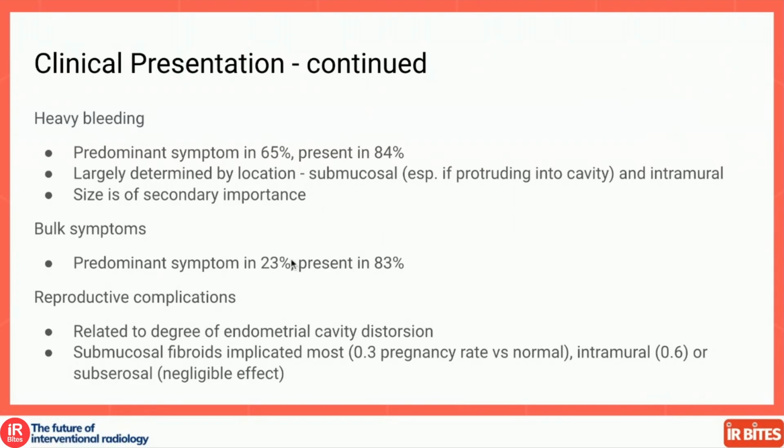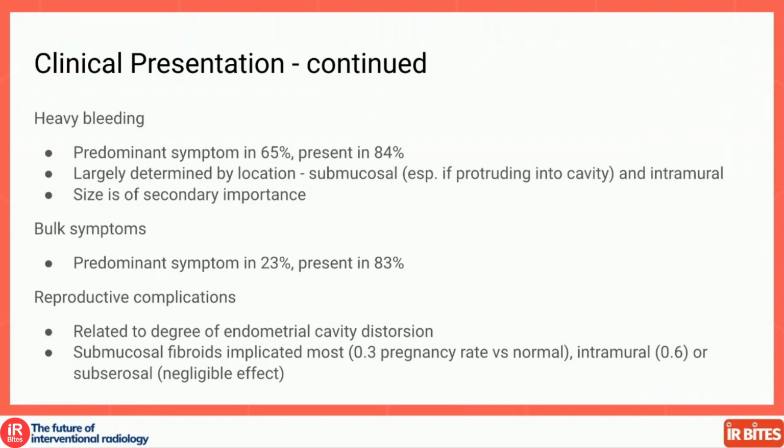Bulk symptoms are usually not the presenting feature, but if you really take a good history, it may come out that they've had a bit of niggling pain or pressure feeling for a while. So it's present in most patients, but it's not often the reason they present to healthcare. And then of course reproductive complications is the other branch of symptoms that we mentioned.